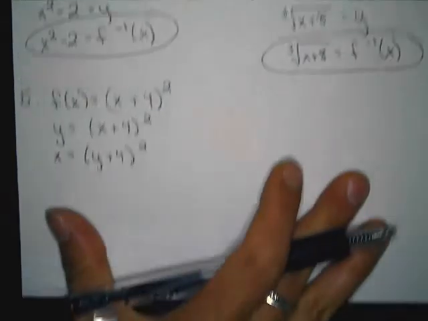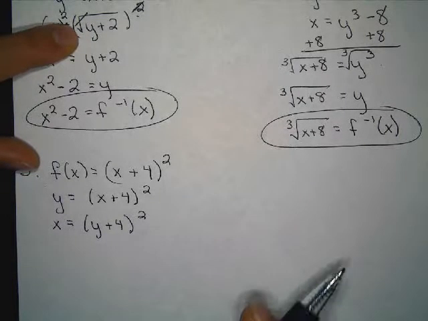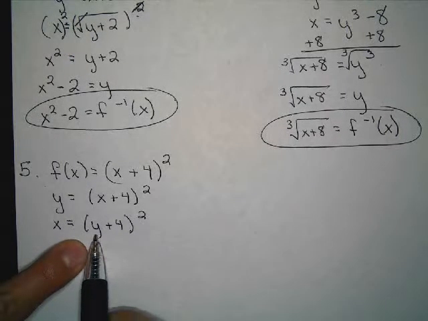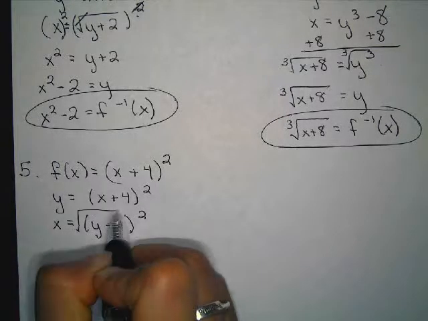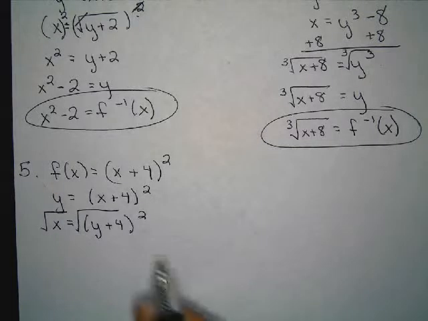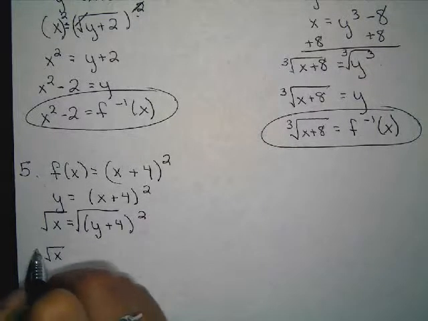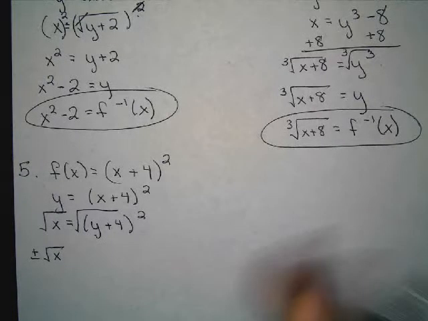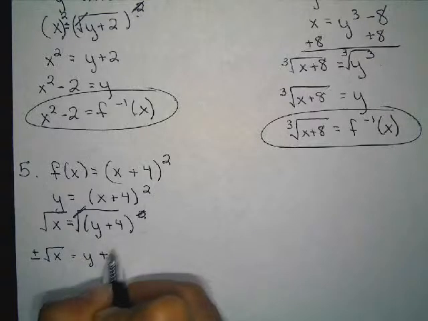Kind of like the radical function up here, where that y was trapped inside the square root, now we have y trapped into something that's squared. So the inverse of something that's squared is the square root. So we're going to take the square root of both sides. So I have the square root of x, plus or minus in this case now, equals, those will go away, equals y plus 4.